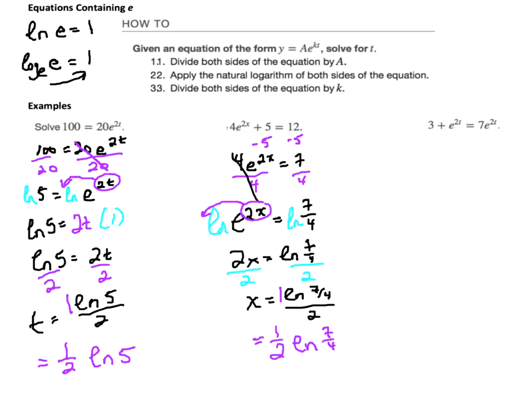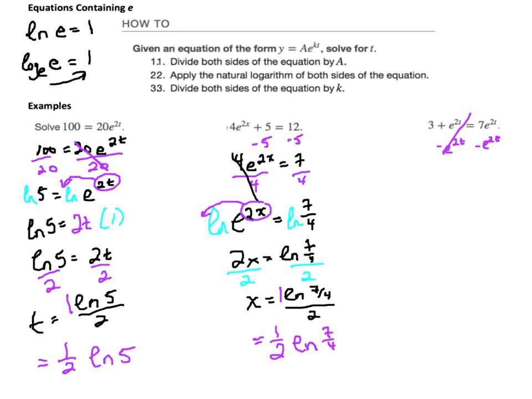All right, so I need to isolate my exponential expression, but I have exponential expressions of base e on both sides. So I'm going to start out by subtracting e to the 2t, an understood 1 e to the 2t, from both sides.